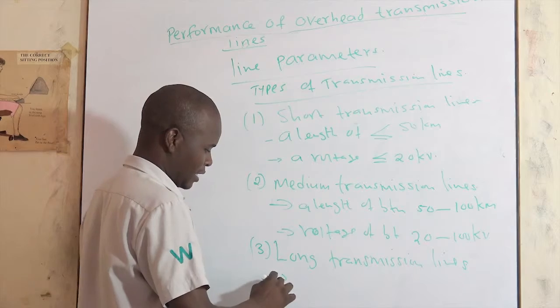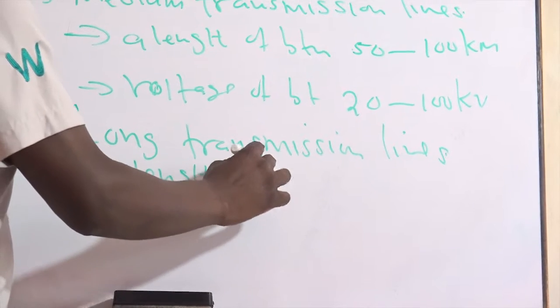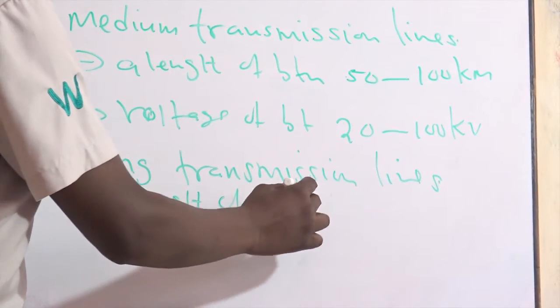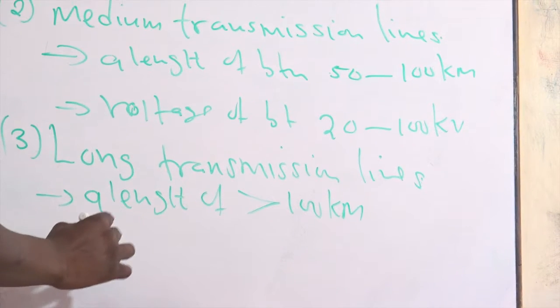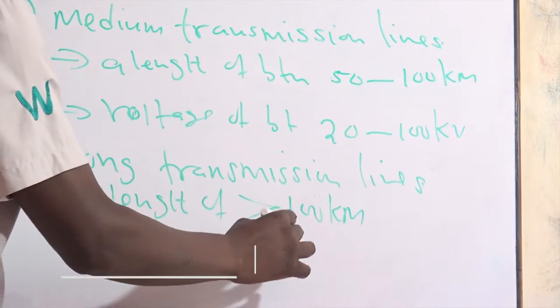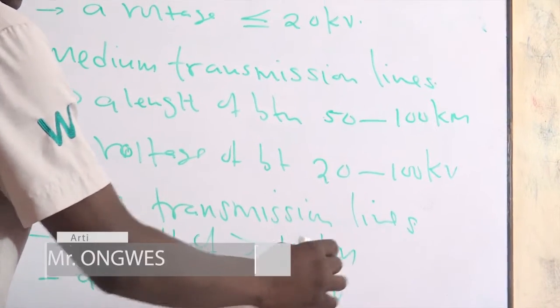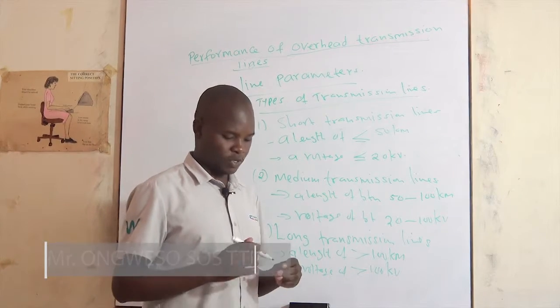If a line has a length of more than 100 kilometers and a voltage of more than 100 kilovolts, then we can call it a long transmission line.